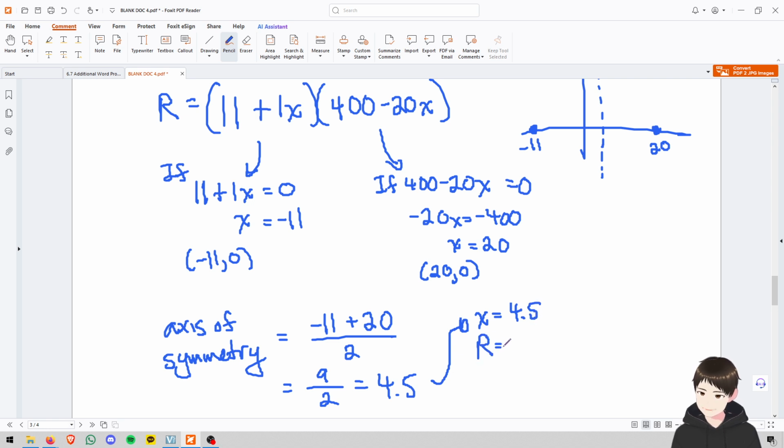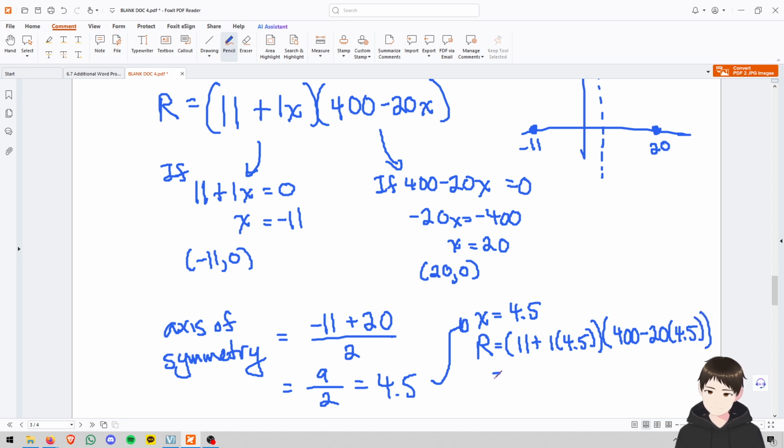I can find my revenue by plugging in 1 times 4.5 and 400 minus 20 times 4.5. I can just plug it in. Guess what?